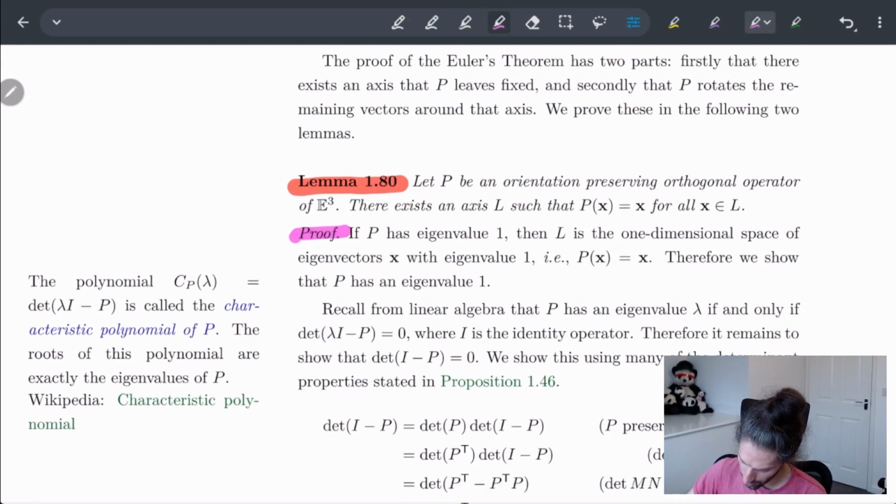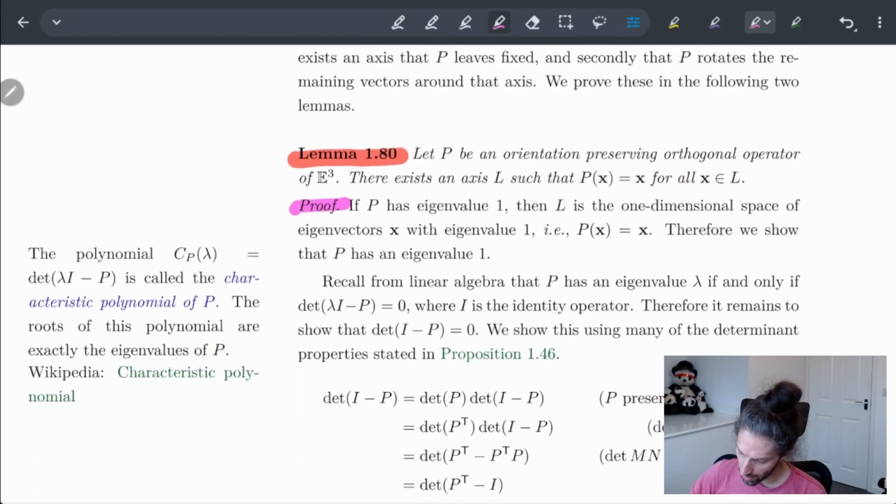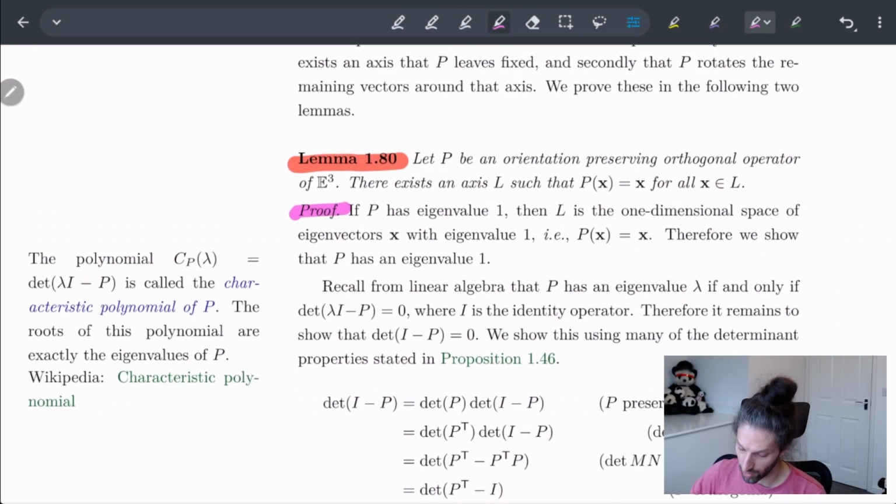The proof. So here, we know that if P has an eigenvalue of 1, then L is the one-dimensional space of eigenvectors with eigenvalue 1.